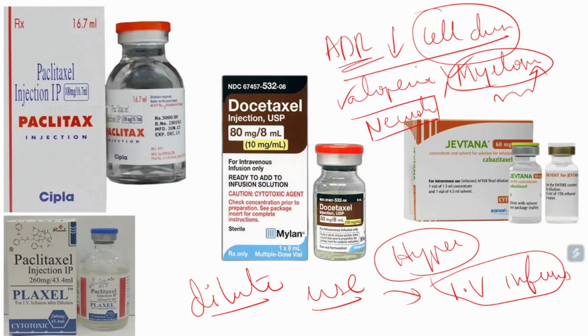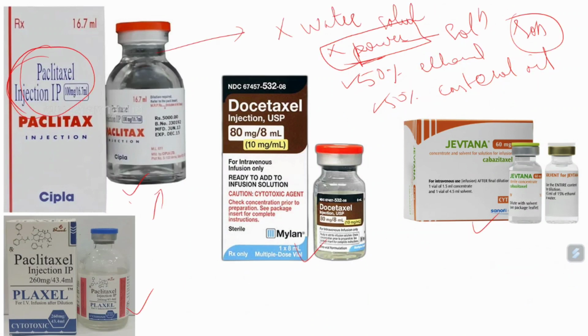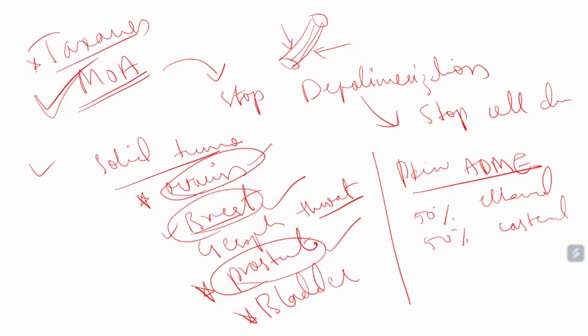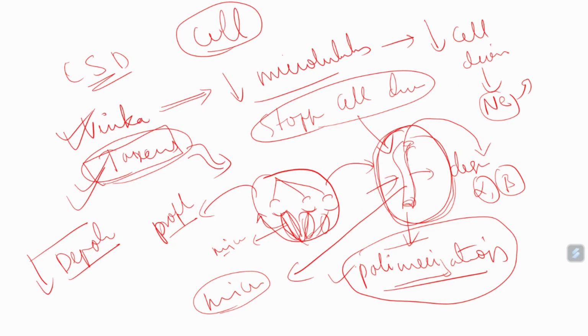I think we have covered all the important points about Vinca alkaloids and taxanes. Paclitaxel, always remember, is obtained from the bark of the yew tree. Okay, docetaxel and cabazitaxel are newer drugs, and their formulations we have seen. And enzyme inducers and enzyme inhibitors, always remember.